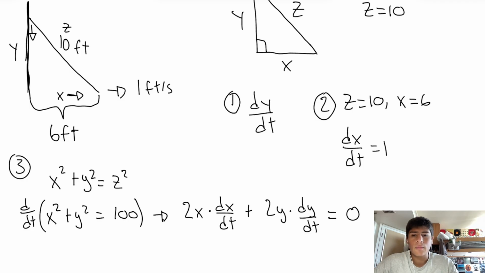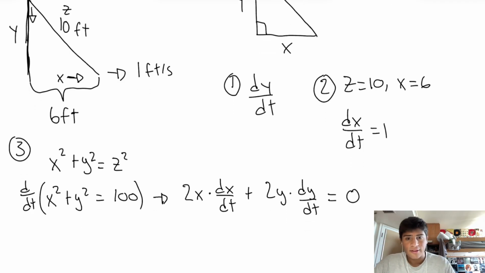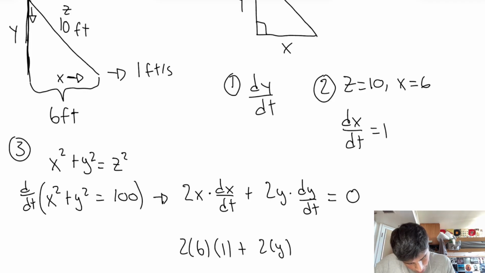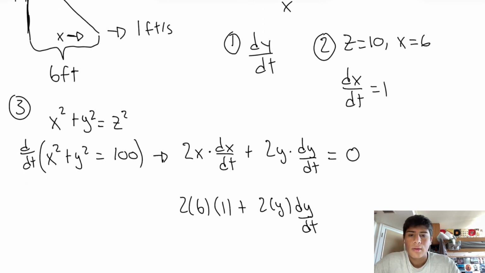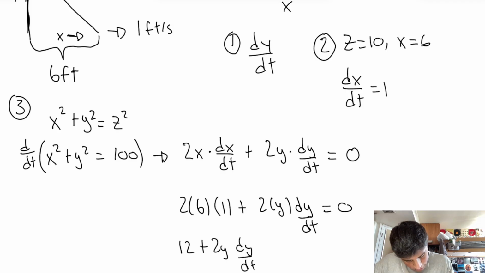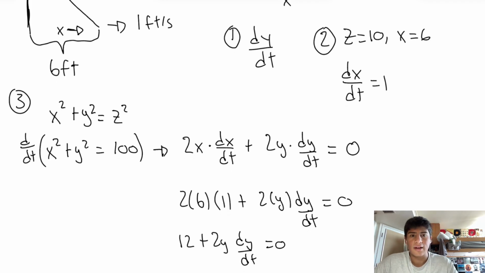We know x, we know dx over dt, so let's plug these in. 2 times 6 times 1 plus 2 times y times dy over dt. We get 12 plus 2y dy over dt equals 0. And now we have our y and dy over dt, which is what we want to find.